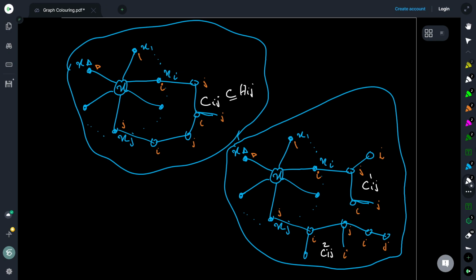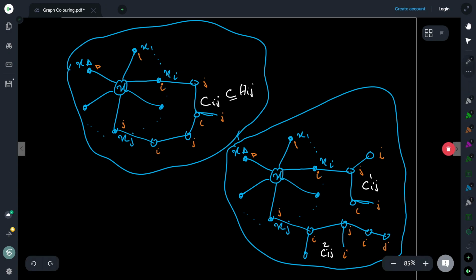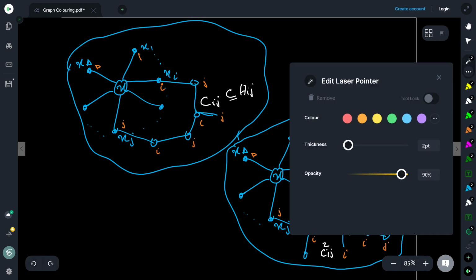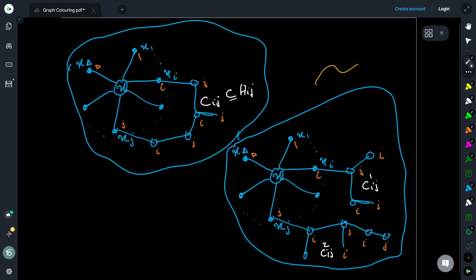So the vertex xi is colored with the color i, and xj is colored with the color j.